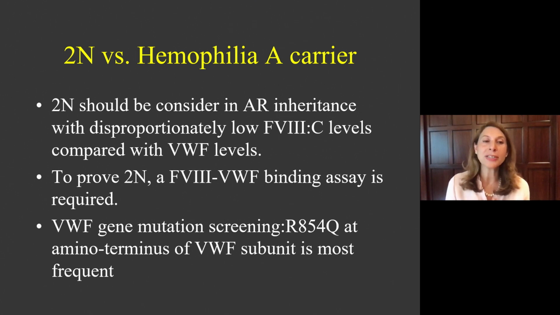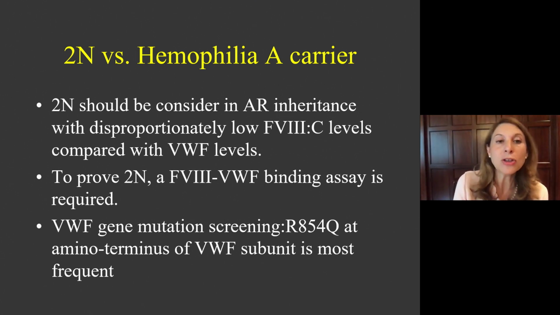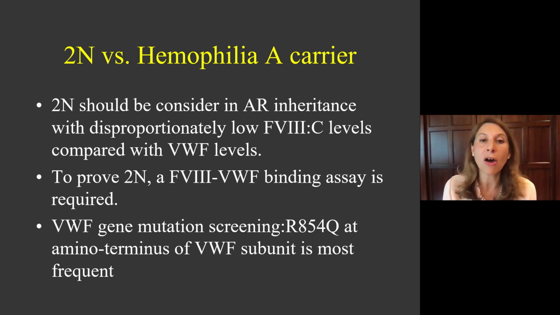So that's very important to distinguish 2N from hemophilia A carrier, especially in this woman. 2N should be considered in autosomal recessive inheritance with a disproportionately low factor 8 level compared to the von Willebrand factor levels. In this case, in order to prove if the person had type 2N, a test called a factor 8 von Willebrand factor binding assay can help you to distinguish.